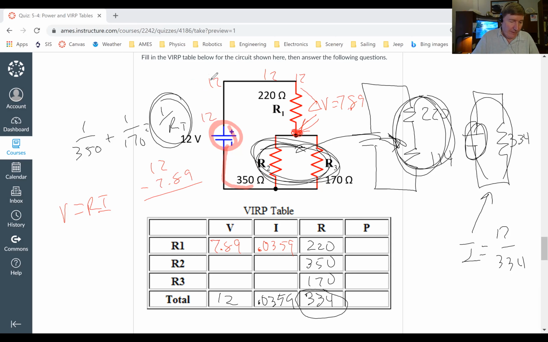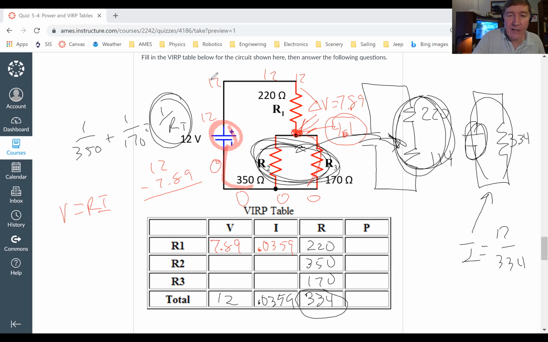Okay. So I get 4.11. So that means that if I've got 0 volts here, 0 here, 0 here, 0 here, the absolute voltage here is going to be 4.1. When I say absolute value, I mean how many volts is it higher than ground?